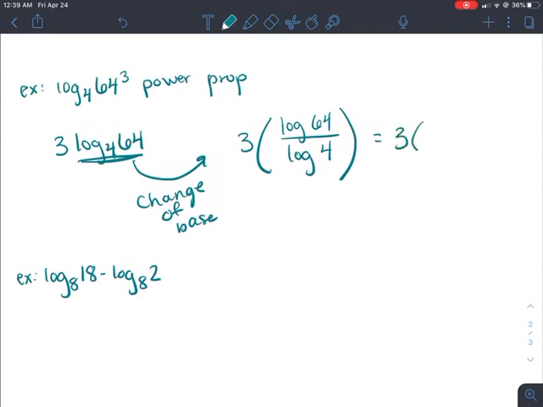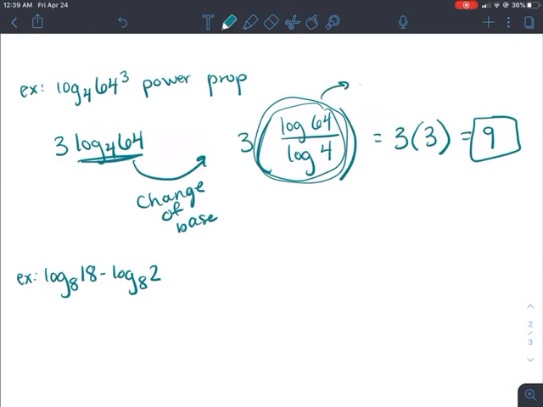So that's 3 times 3, which gives you an answer of 9. The reason you would use the change of base formula is that it's easier, because you can just plug it into your calculator.